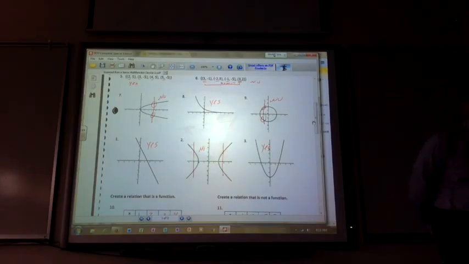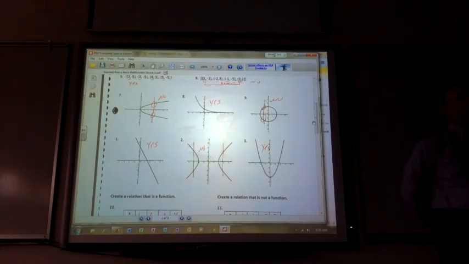What was the definition of relation? So a function is a relation where the x values don't repeat. So what is a relation? Is it like when it's an x value? It could be. What's a relation though?